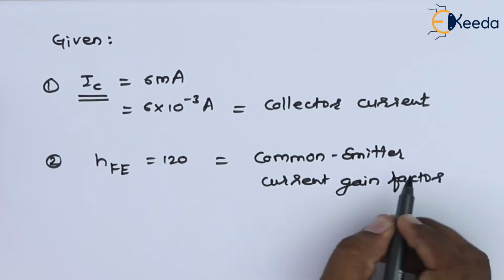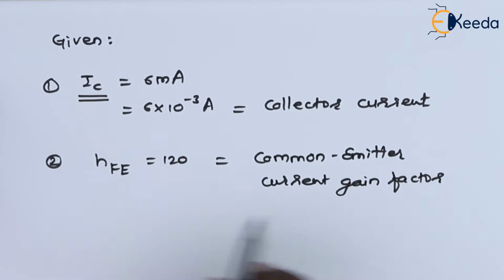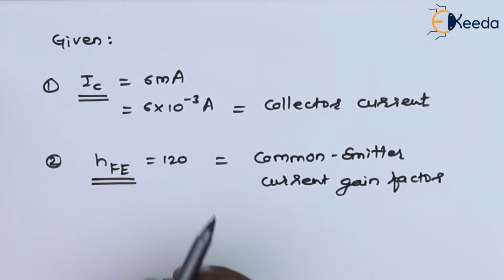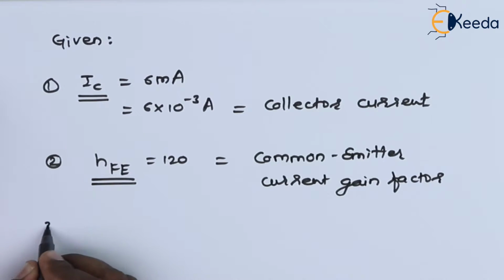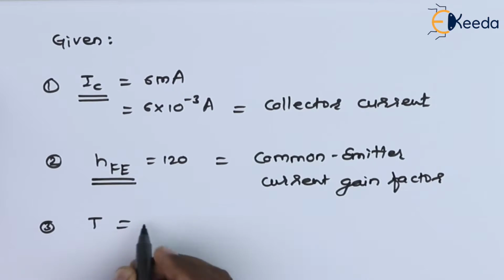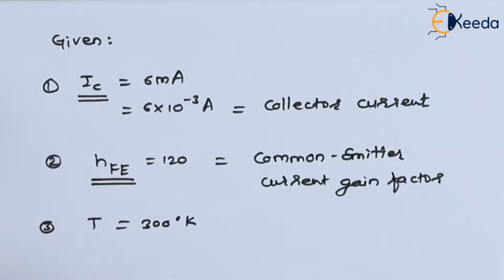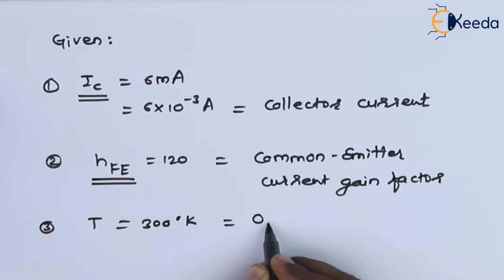So the current gain factor for the common emitter type of the transistor configuration is provided here with the value 120 here. The next parameter available with us is capital T is equal to 300 degree Kelvin. So this is nothing but the operating temperature.